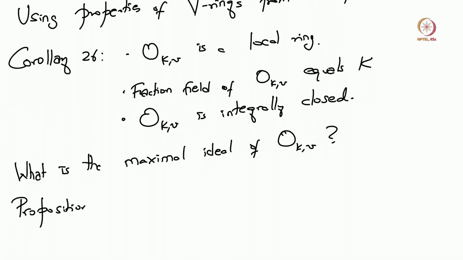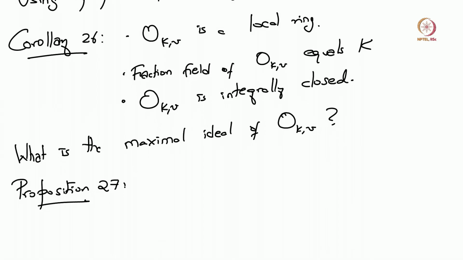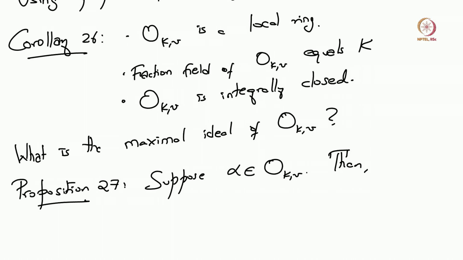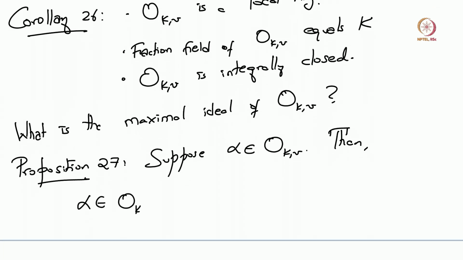So, a small proposition before that. Suppose you have an element alpha in this valuation ring OKV. I want to study the maximal ideal, which turns out to be studying the units of this ring. So an element is a unit in this valuation ring if and only if its valuation is the identity element of gamma.